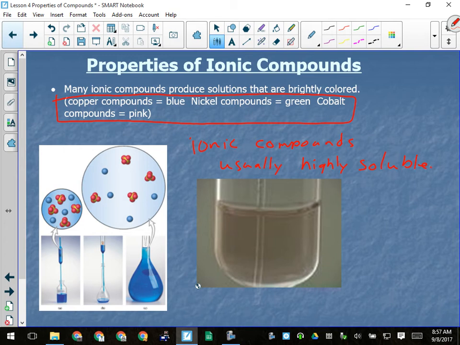We have to say usually because it doesn't apply to all of them, but they're usually more soluble than molecular compounds. Okay. Anybody need that one anymore?